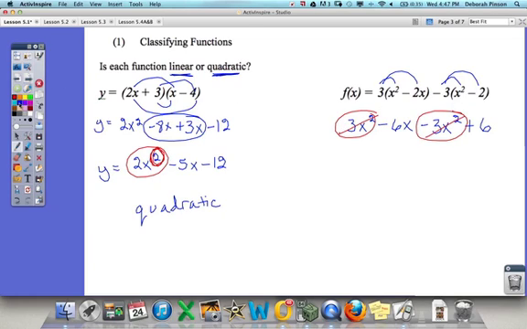So I end up then with f of x equals negative 6x plus 6. Okay, now y'all think about it. Is this one linear or quadratic? Okay, I can't really get you to answer, so see if you got the same thing I did. This is linear because the biggest exponent is x to the first power. The quadratic part's canceled. So this is linear.